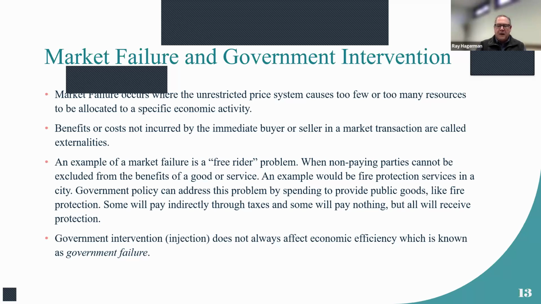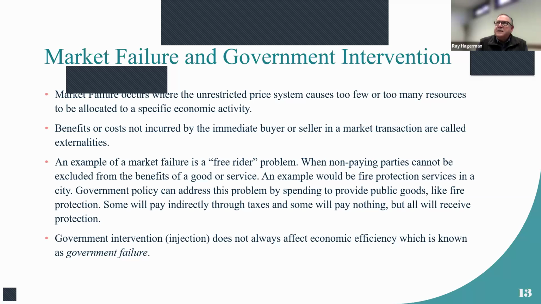This is a way for the government to help alleviate the market failure of free riders. Now, some people may indirectly pay for that fire protection because maybe they own their home and the fire protection is a component of the funds that go through property taxes to the municipality. Perhaps. So they may ultimately pay for it, but they don't explicitly pay for it. But the fact of the matter is, the government provides it through spending tax dollars, and everybody receives the benefit.